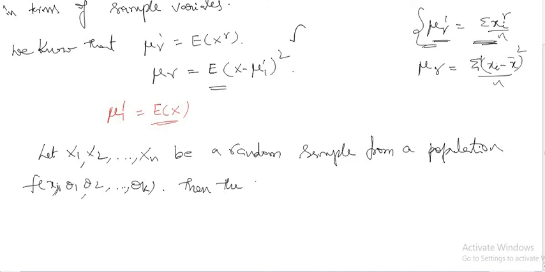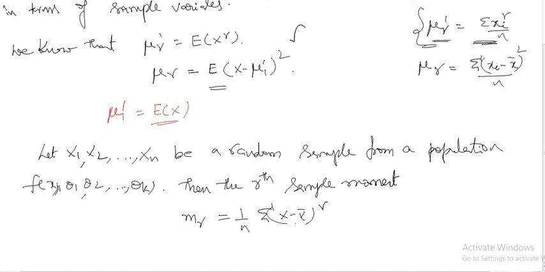Then the rth sample moment, that is mr, is 1 by n summation of xi minus x bar whole to the power of r. This is the central moment.